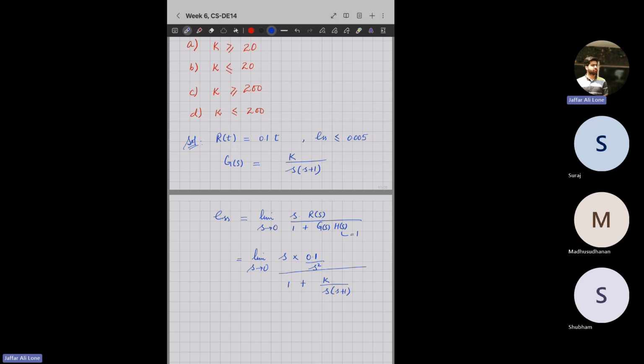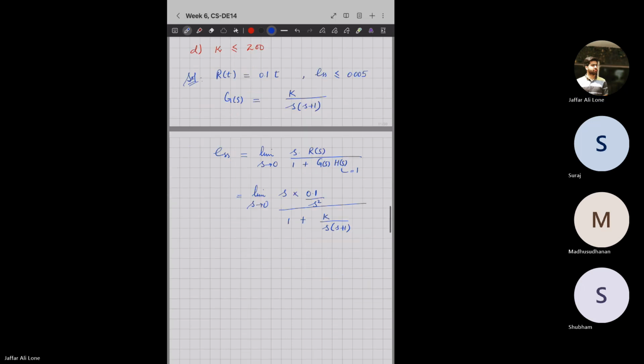Very good. Now let's try to solve it. This s and s goes. We have limit s tends to 0 of 0.1 divided by s, whole divided by s square plus s plus K divided by s into s plus 1. This s and this s goes.